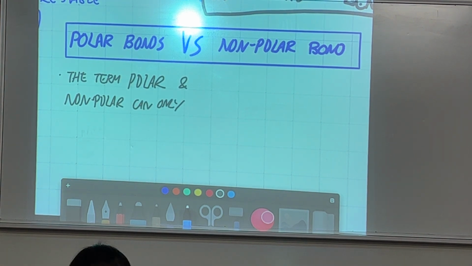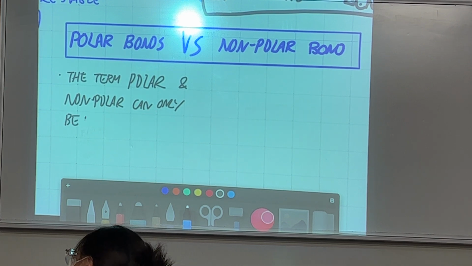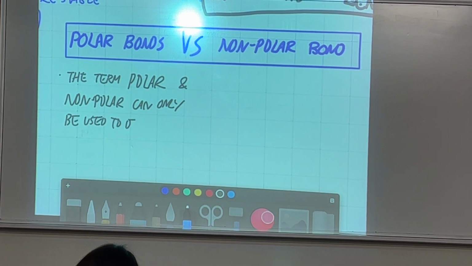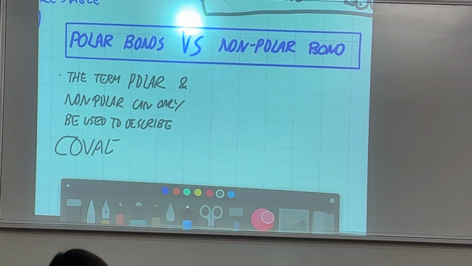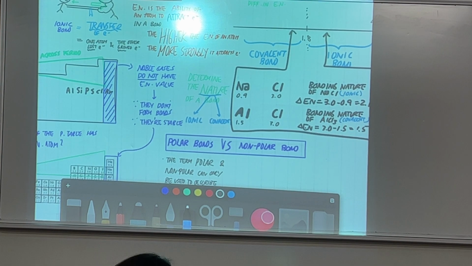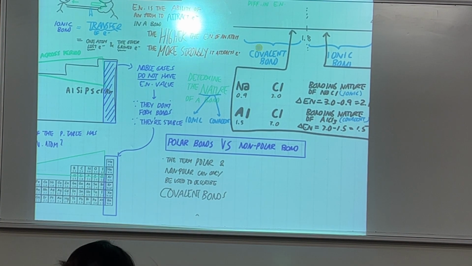You cannot use these words to describe ionic bonds. This is why I lay out my discussion like this. I have to let you know what a covalent bond is first, and then you will know that in covalent bonds we have two subtypes: polar covalent bonds and non-polar covalent bonds.